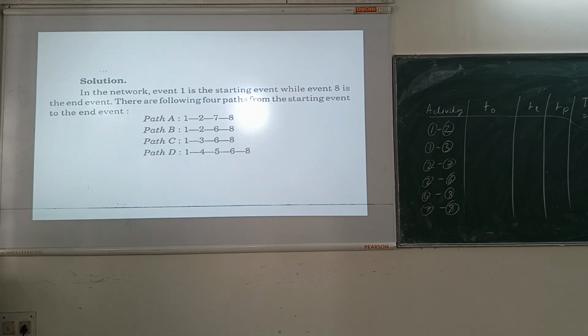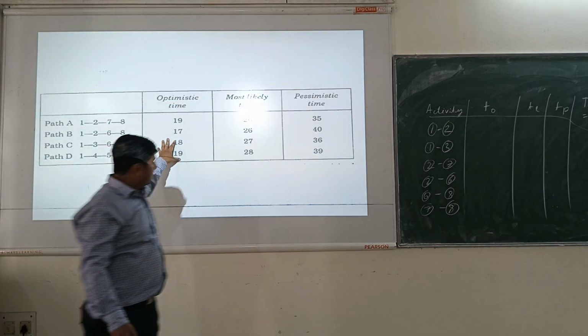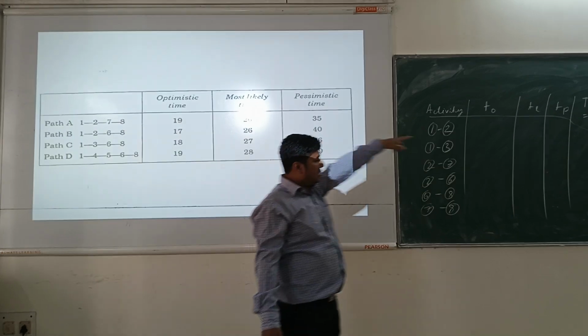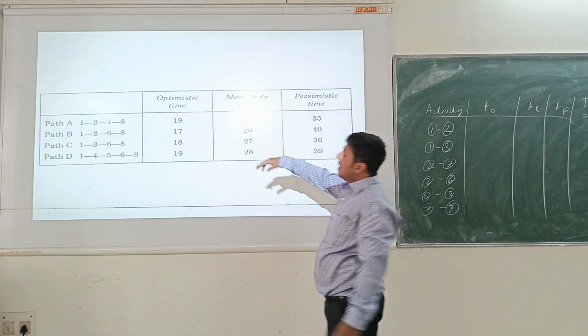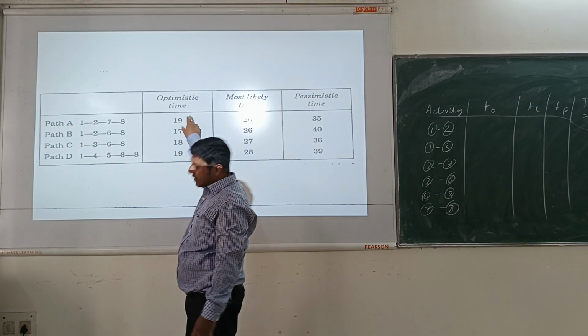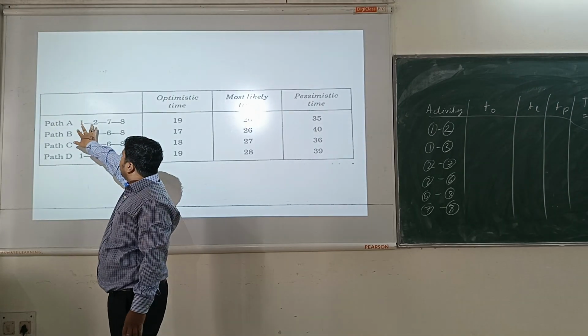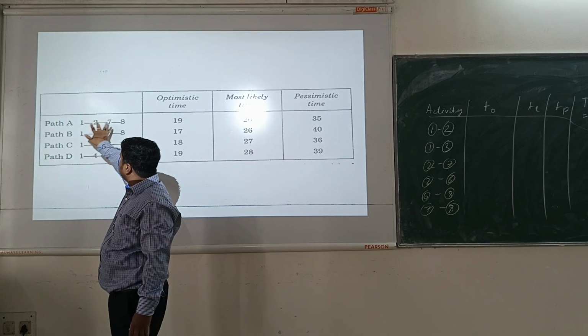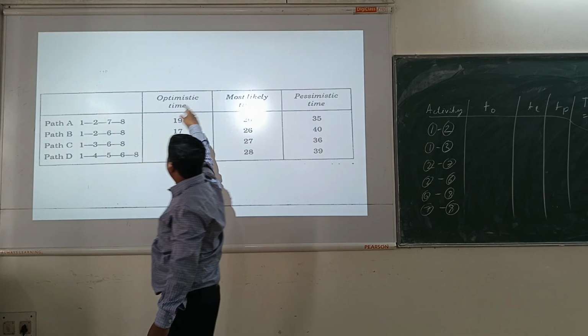Now create this table to find the most expected time. You can add up all the optimistic times between 1 to 2, 2 to 7 and 7 to 8.